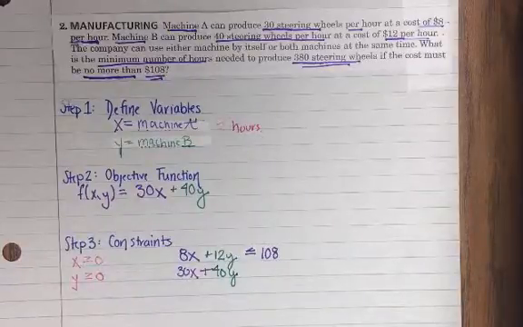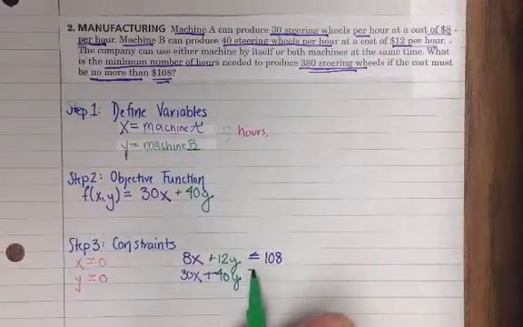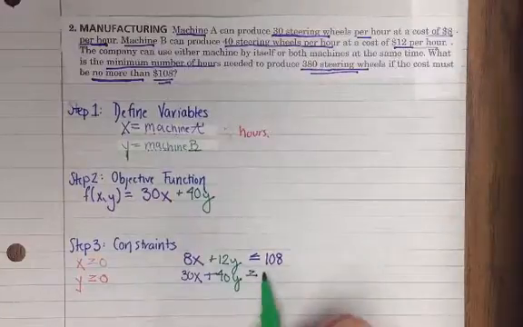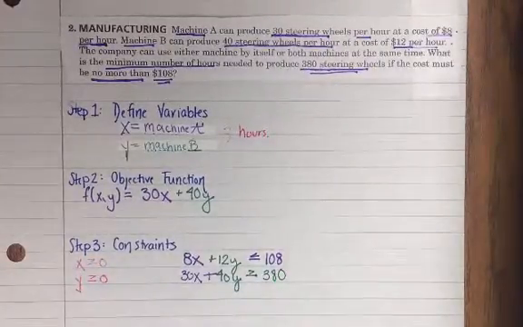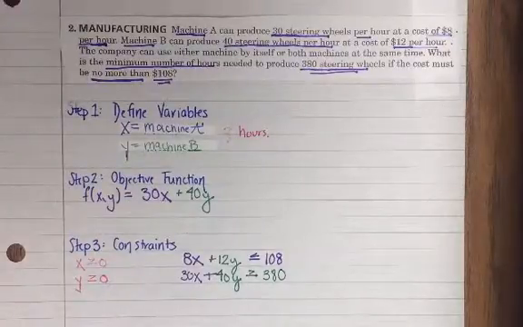And so we're looking at the minimum amount. This is the minimum we want to produce. It would be awesome if we could produce more than this while staying within our budget of $108. So here we're going to say that this is going to be greater than or equal to 380, because we want to make 380. We could make more than that, but we don't want to make less than that.